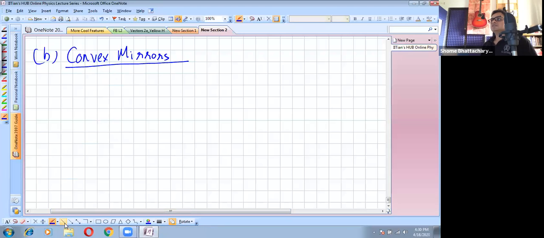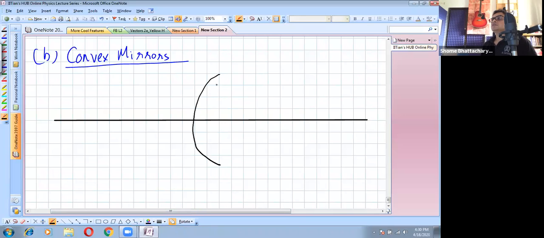Okay, so as you probably know from experience, there's only one type of image that you get for convex mirrors, and that is virtual and diminished. There's no question of any other type of image unless it's a virtual object. Okay, remember in today's discussion till now, we are talking about real objects only. So anytime we have a convex mirror like this with a virtual focal point, let's say over here, and a virtual center of curvature over here, and the pole over here.